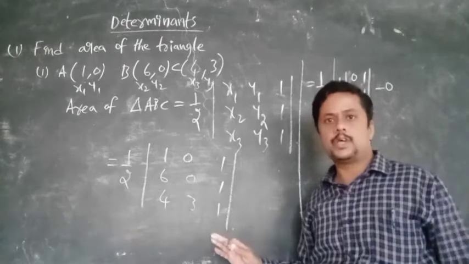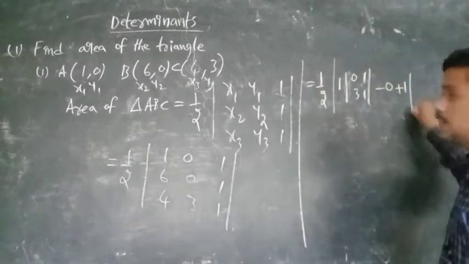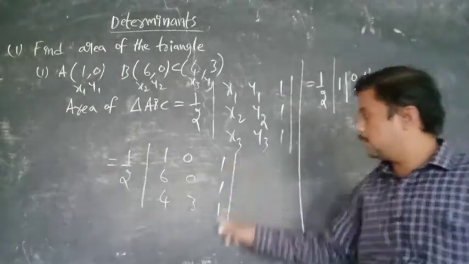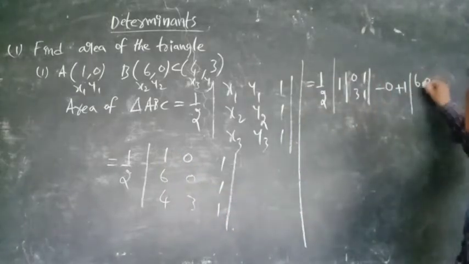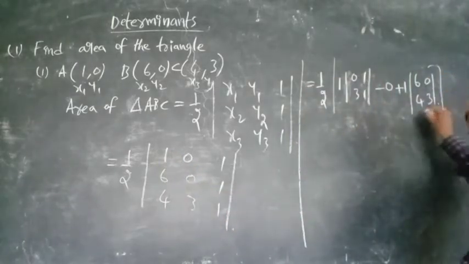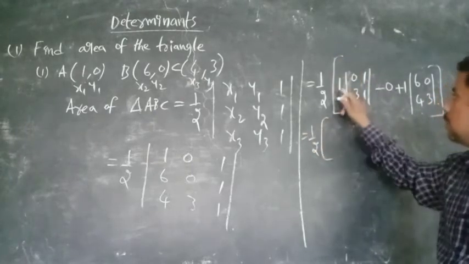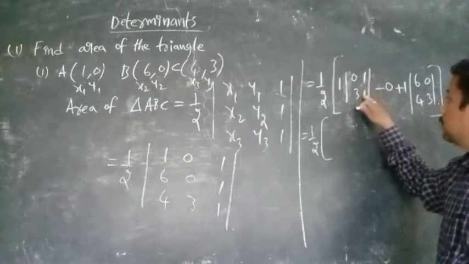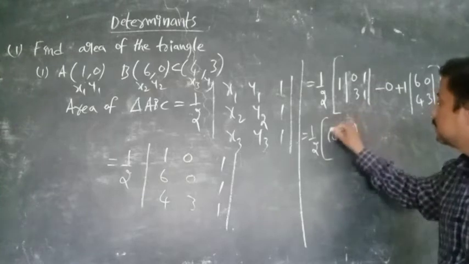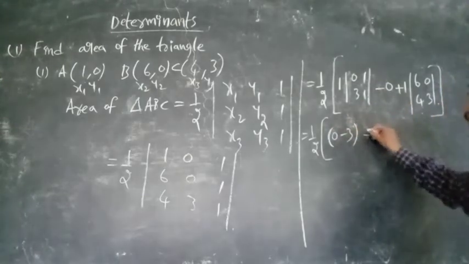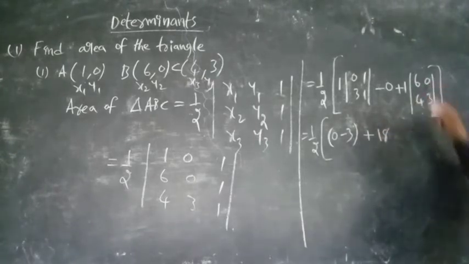Leave it, we are not going to calculate that. Again plus 1 into, eliminating this column and row, 6 0, 4 3. So half into 1 into (0 into 1 minus 3 into 0 is 0 minus 3 is minus 3), minus 0 leave it, plus 1 into (6 into 3 is 18 minus 4 into 0) equals 18.